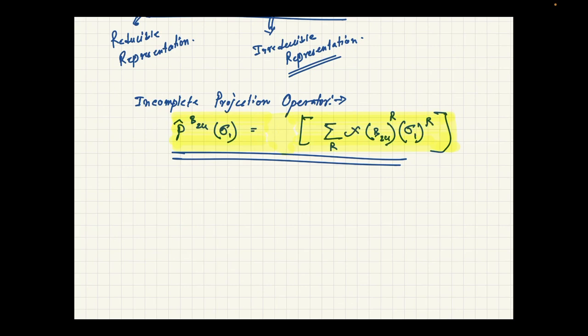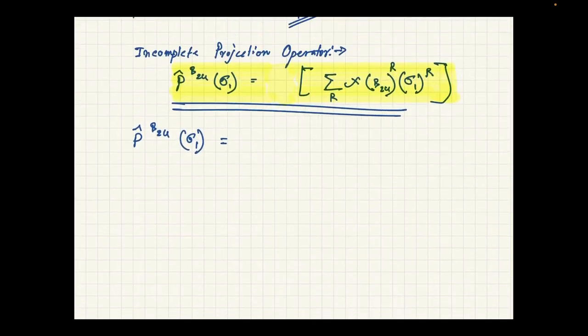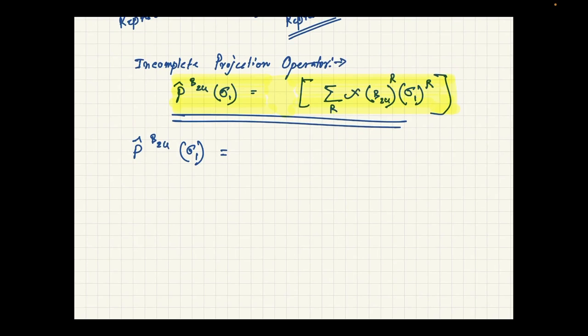So for the projection operator P of B2U, if I operate on sigma 1, the first symmetry operation is E, then C2Z, C4, C2Y, C2X, like this. So first, the character of E is 1 times this sigma 1 under operation E. Under the identity operation, sigma 1 will be sigma 1, right?